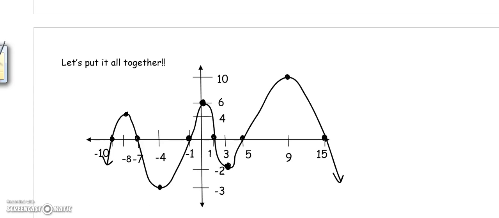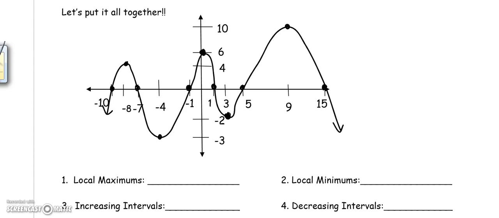Alright, so now we want to put everything we just talked about together. I know this seems like a lot and super overwhelming, but it gets really easy once you practice. So the first thing we want to write are the local maximums. We want to give those as ordered pairs. So I can see I've got one here, one here, and one here. So I've got -8, 4.